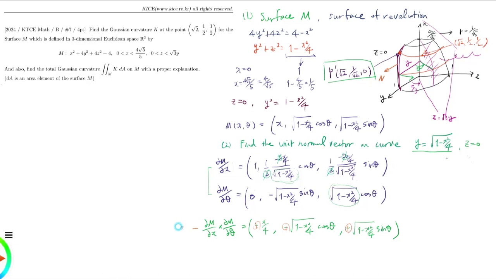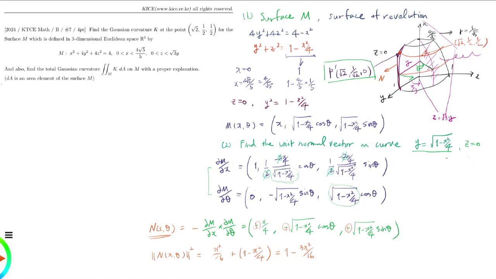Let me call it the normal vector field of x, theta, and we want to normalize this normal vector. By taking its squared norm, we'll have x squared over 16 plus 1 minus x squared over 4, which is 1 minus 3x squared over 16.